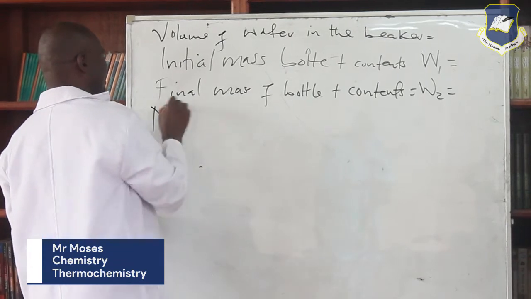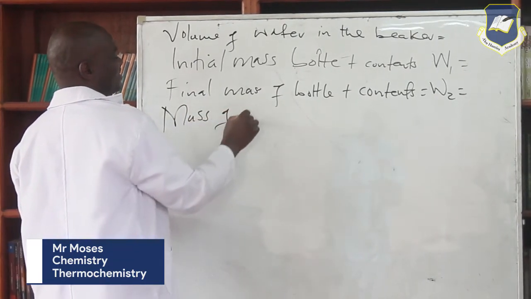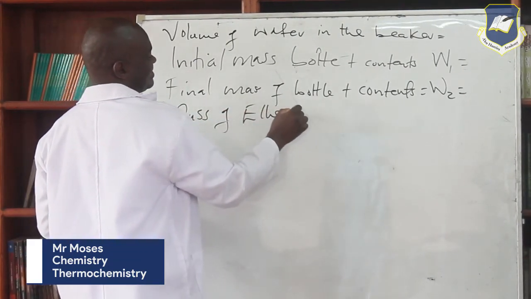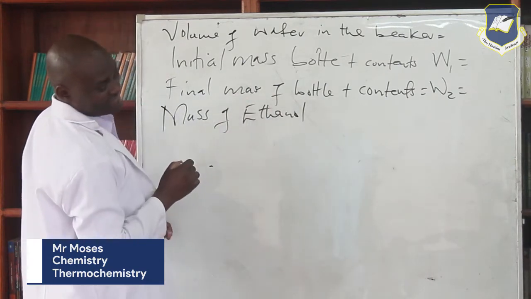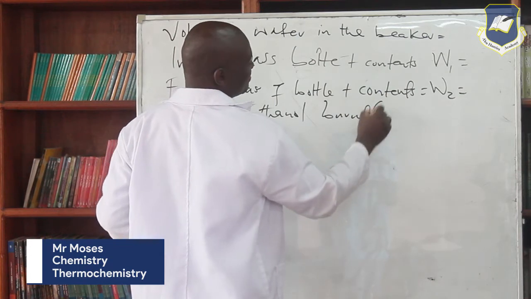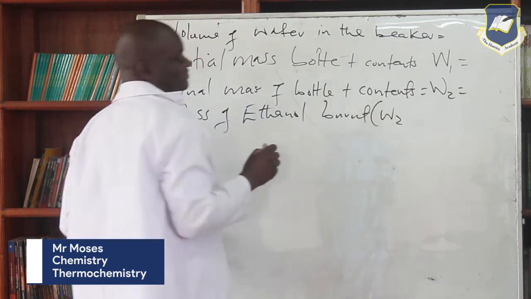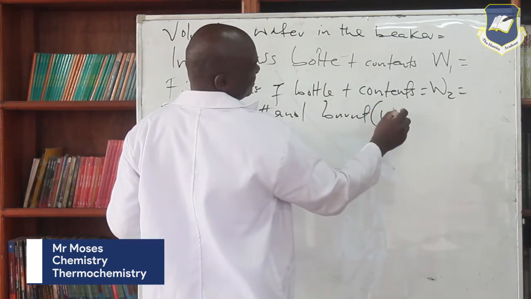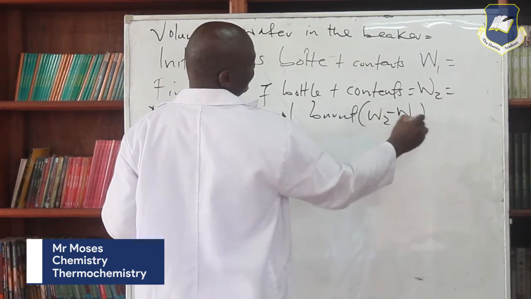Then the mass of ethanol burnt, which will be W2 minus W1.